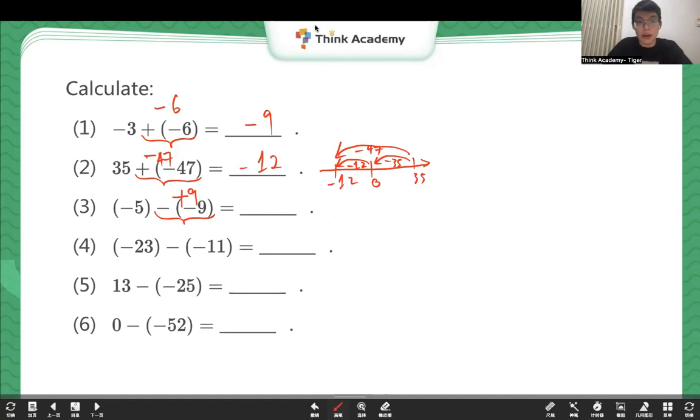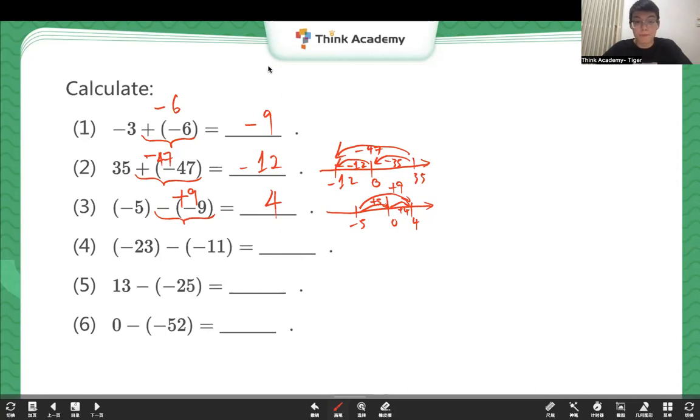So if -5 is adding 9, it means that it's moving to the right for 9 boxes, which we can split into 2 sections, adding 5 first, such that it reaches 0, and adding 4 again, so that it reaches 4. Okay, so the answer is going to be 4.